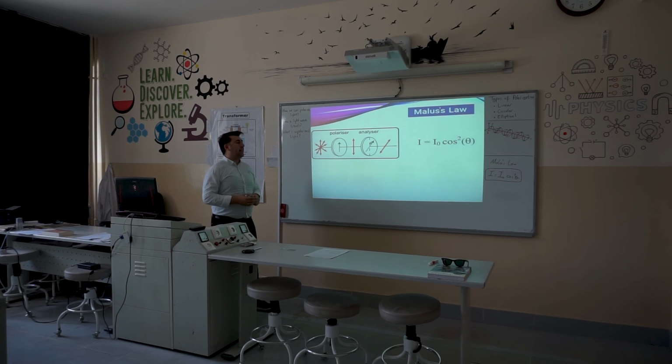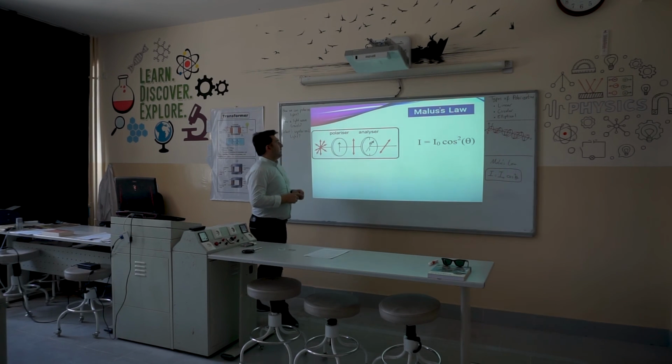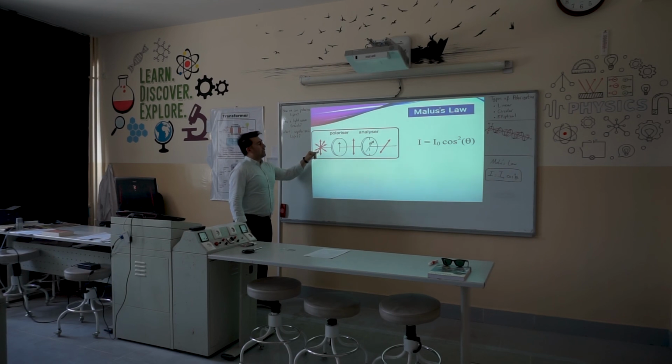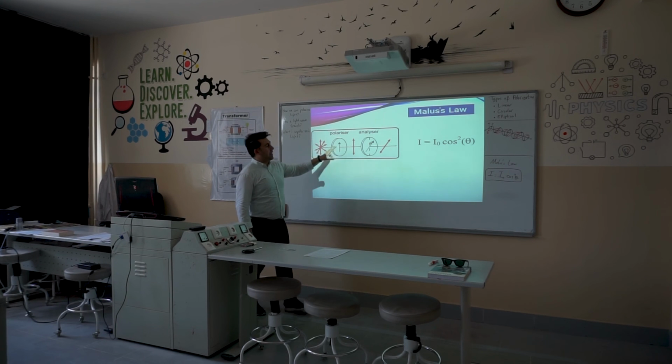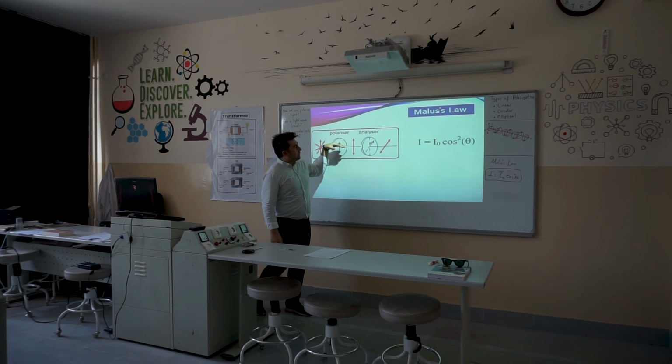And finally, let's look at Malus's law and calculate a problem. This is a typical type of polarization setup we use. We have this polarizer filter, and this is the unpolarized light. We know the diagram for now. And we have this analyzer, which makes an angle with the polarization axis.